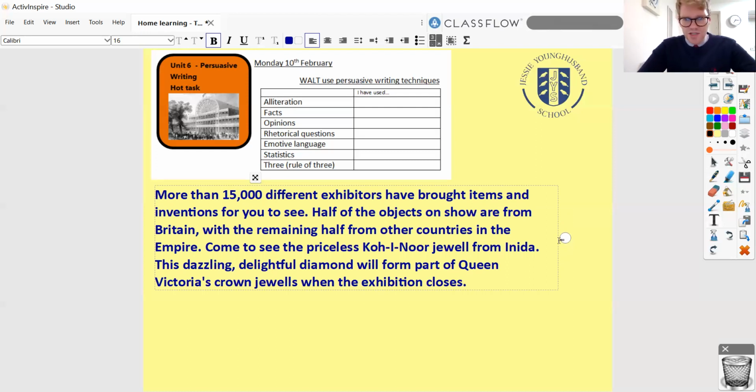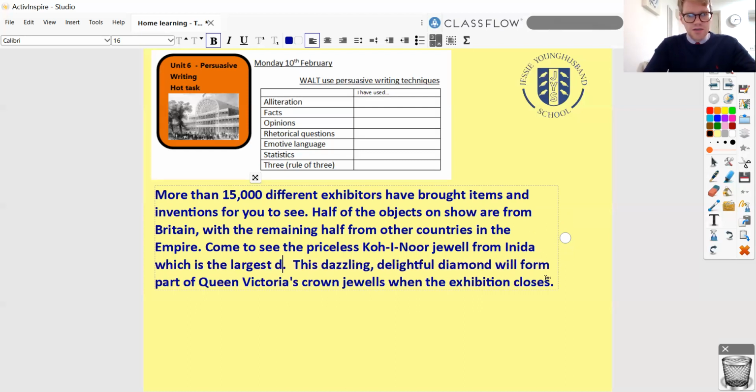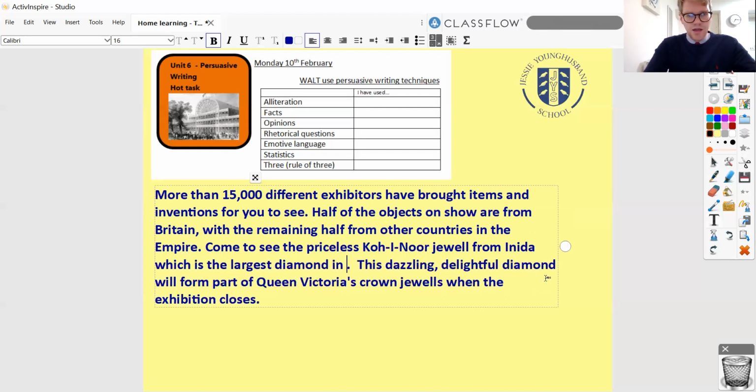I'm just thinking, I probably need a little sentence to say what this actually is. And we know, don't we, this is the largest diamond in the world at this point. So I can add that one here, can't I? Which is the largest diamond in the world.